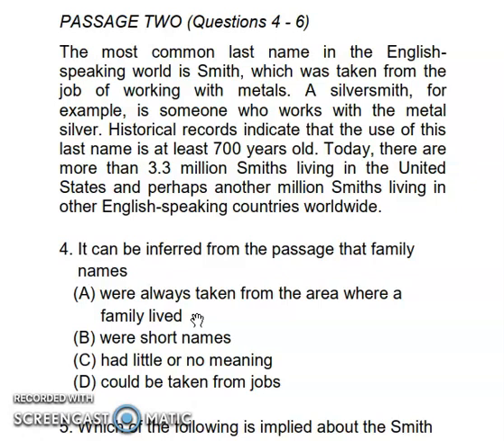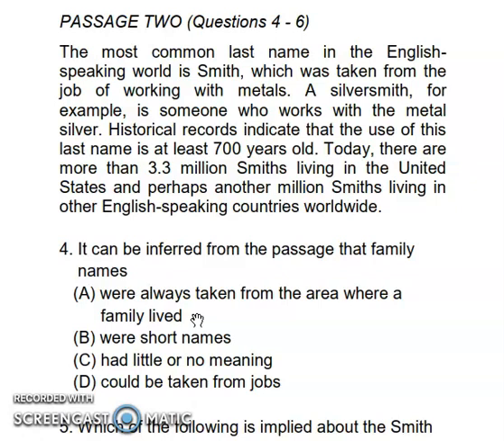Well, just check in the text whether this option is appropriate or not. So whether Smith or the family name had little or no meaning? Does this text say that? Okay, just answer that later.